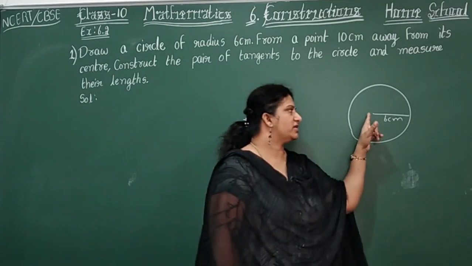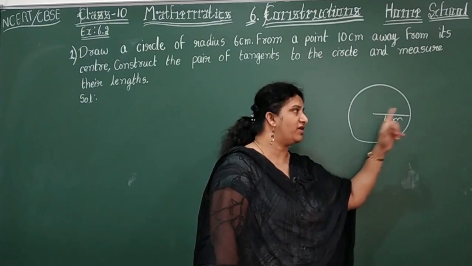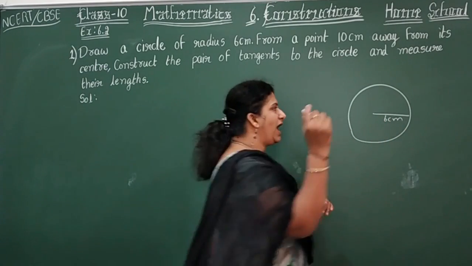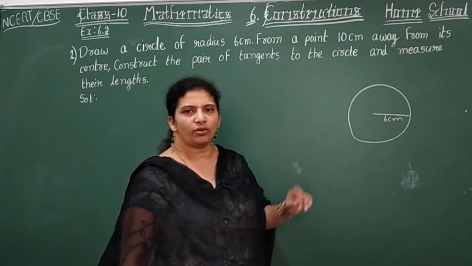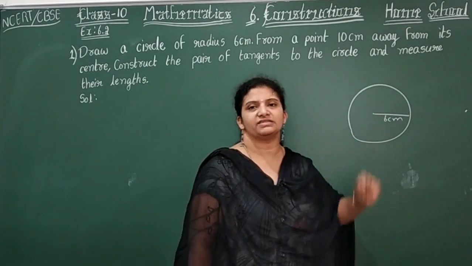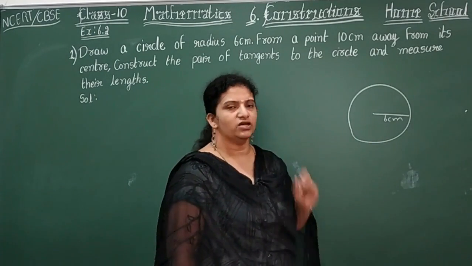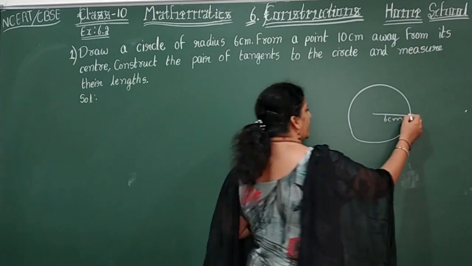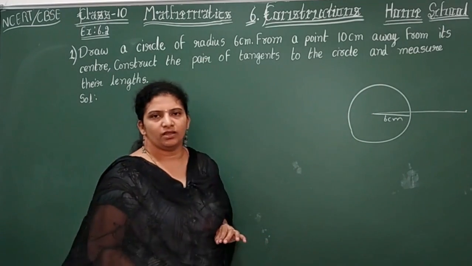So look here, children. From this point 10 centimeters away from the circle, I have to mark any one point somewhere. I'll mark. Okay, that point is at a distance of 10 centimeters from the center of the circle. So here, children, when you try to join, it may come like this.